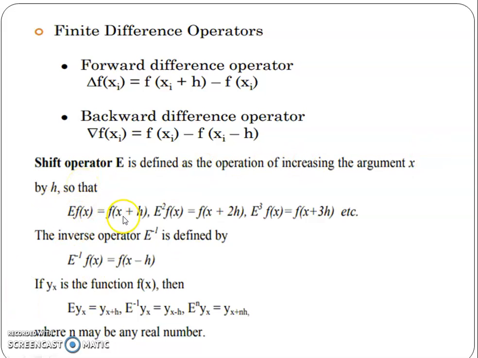E of f of x equal to simply f of x plus h. Similarly, E square f of x is f of x plus 2h. E cube f of x is f of x plus 3h. Similarly, the inverse operator E inverse f of x equal to f of x minus h.